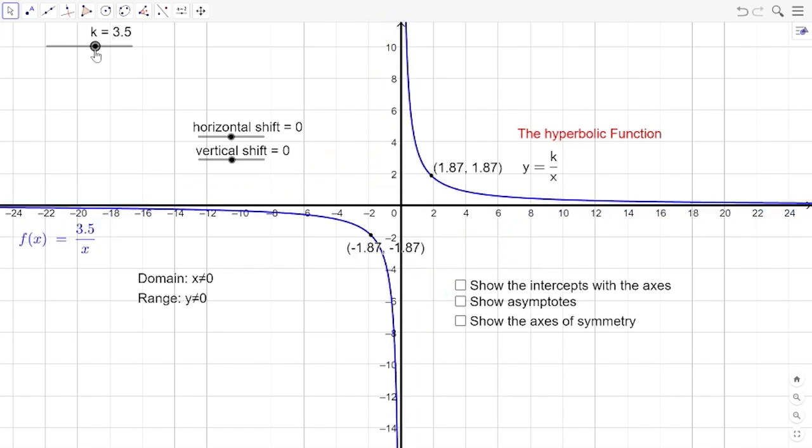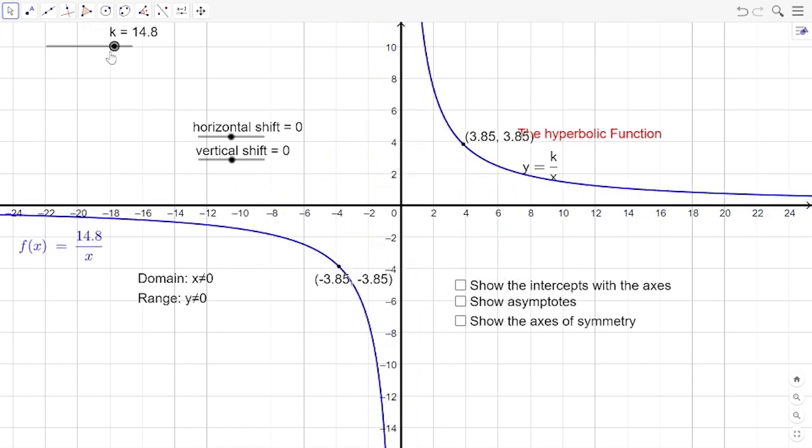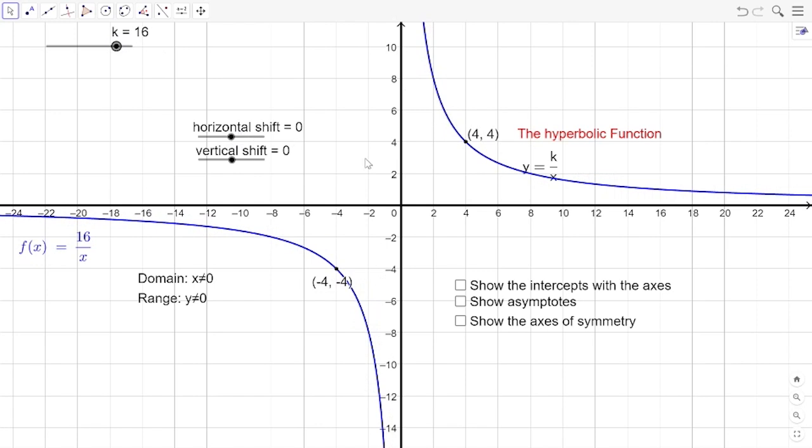If k is positive, let's make k positive 16, then we need either both x and y to be positive, which happens in quadrant 1, or both of them to be negative, which happens in quadrant 3. We have a domain x not equal to 0 and a range y not equal to 0.